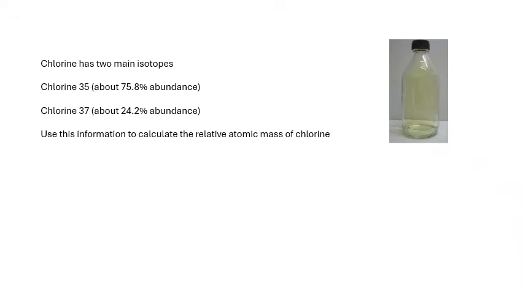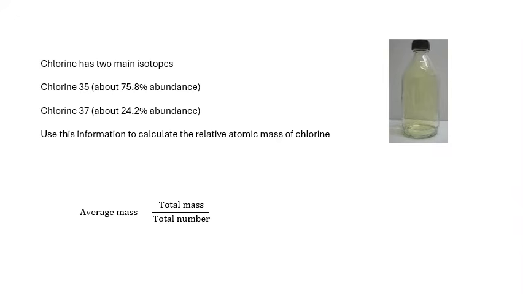About 75.8% is chlorine-35, about 24.2% is chlorine-37. Can you work out the relative atomic mass of chlorine? Pause the video, have a go, get your calculator. Yes, you should make best friends with your calculator. I'll show you the answer in 3, 2, 1.